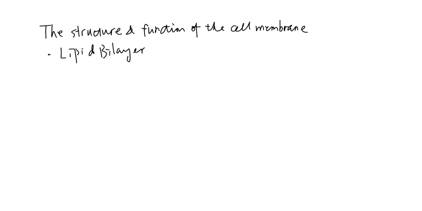Lipid bilayer means you have those lipids which form the cell membrane. Each lipid has a head and a tail. The circular thing I drew is a head, and the two lines are the tails.